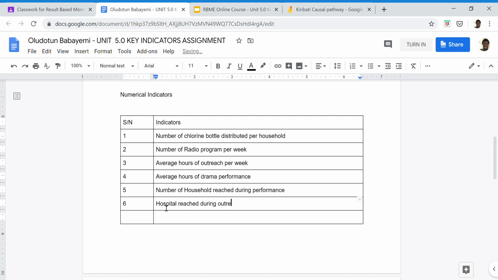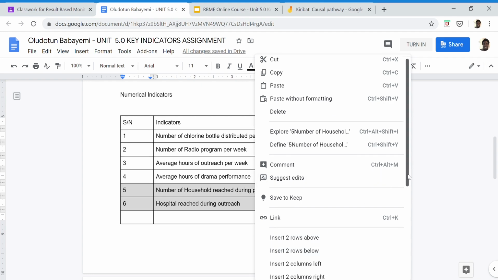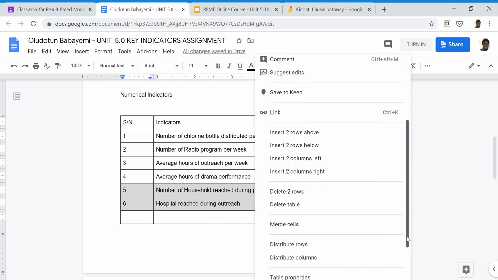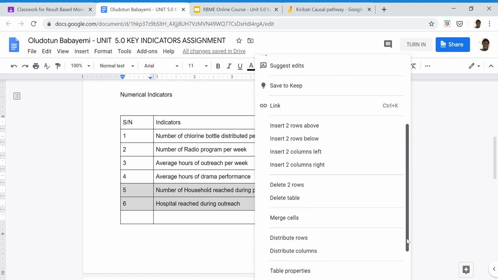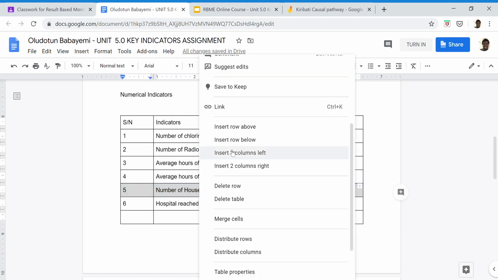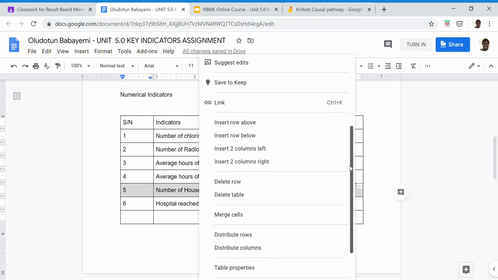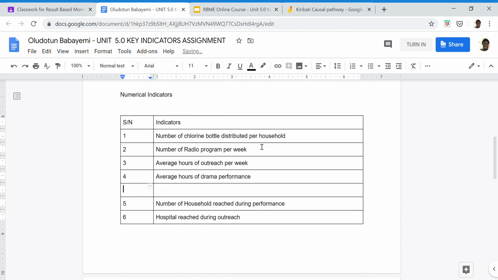During outreach, you see that this is an NGO. This is normally what you import. I can insert a row, so I can put this as output.